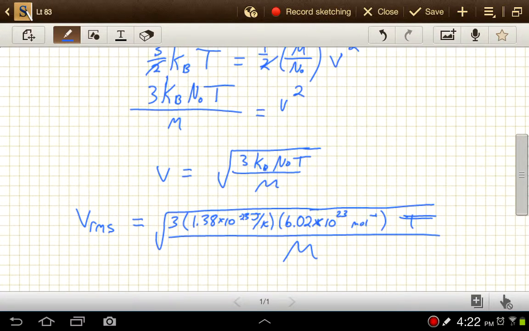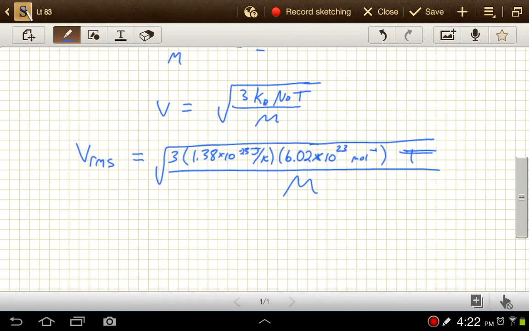It turns out that Kb and N naught are fairly frequently multiplied together in equations that we're going to work with. So it's useful to establish a quantity R, called the ideal gas constant, which is equal to Boltzmann's constant times Avogadro's number.